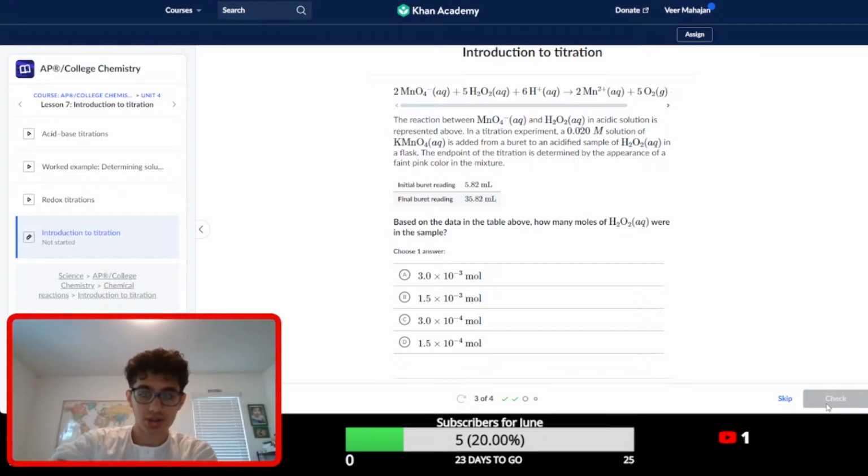In a titration experiment, potassium permanganate is added from a burette. Okay, so it's that much. And the molarity is 0.02, right? So that's equal to the number of moles of potassium permanganate, KMnO4.